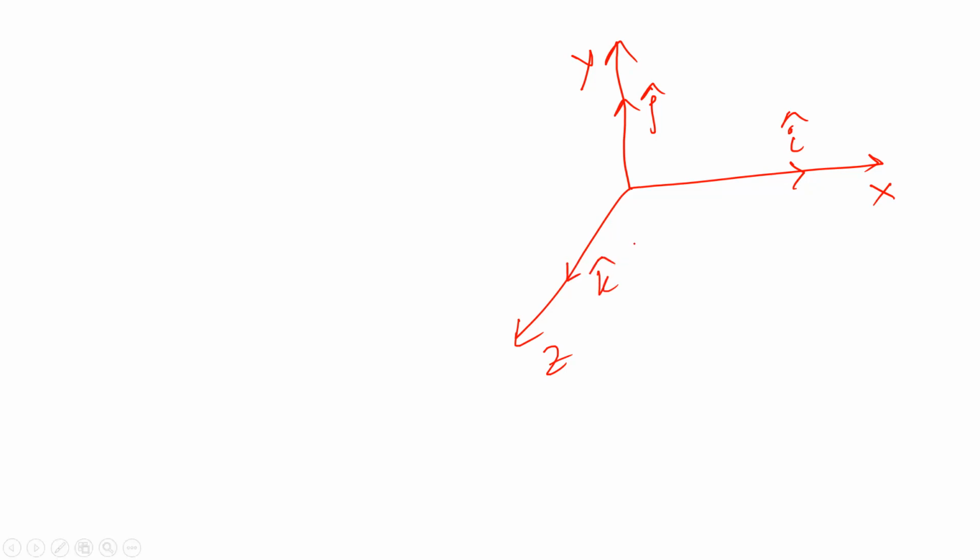What is a unit vector? I am just repeating the concept. A unit vector is a type of vector quantity which has a magnitude of 1. Magnitude means modulus of i cap equals modulus of j cap equals modulus of k cap, and it is equal to 1. So they have a magnitude of 1 and they just represent the direction of the given physical quantity, right?